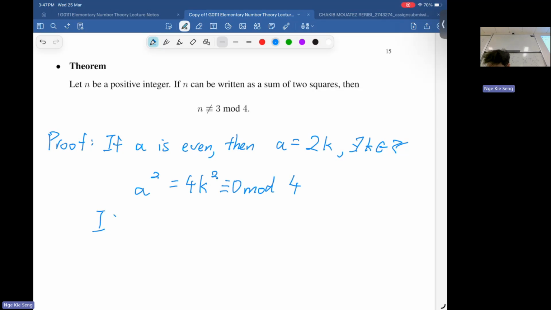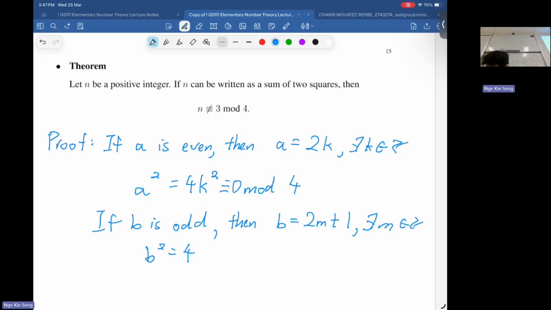Let's say b is odd. Then b is equal to 2m plus 1 for some m in Z. Then b square would be 4m squared plus 4m plus 1, which is 1 mod 4.